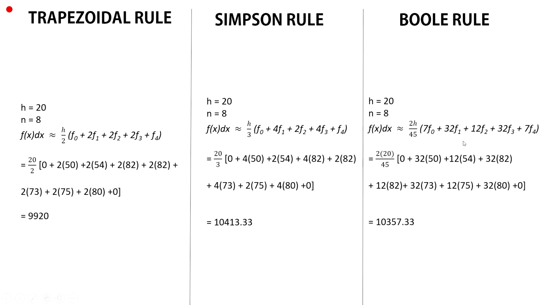We enter the value of 20, which is the value from the table, and we get the area of 10,357.33 feet square.